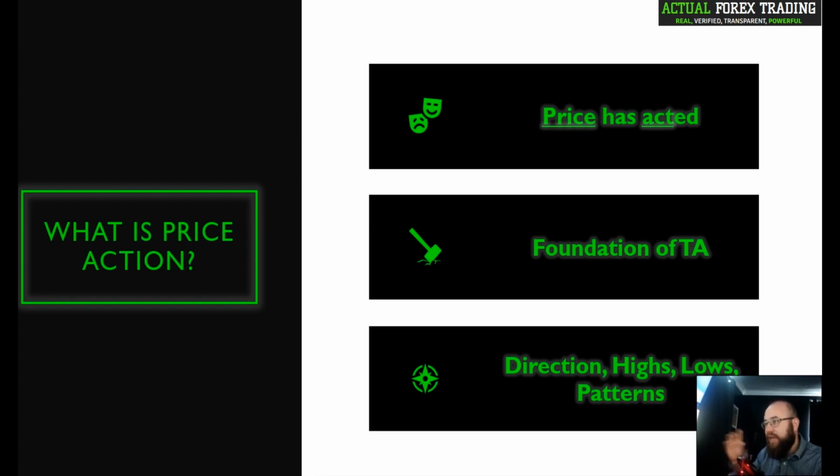That's how price behaves. That's what I mean by price acting. What direction is it going? What highs has it formed? What lows has it had? What patterns has it formed? It behaves, it moves, and as it moves, it creates these things: direction, highs, lows, and patterns.